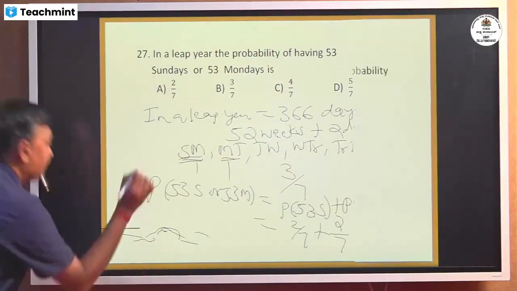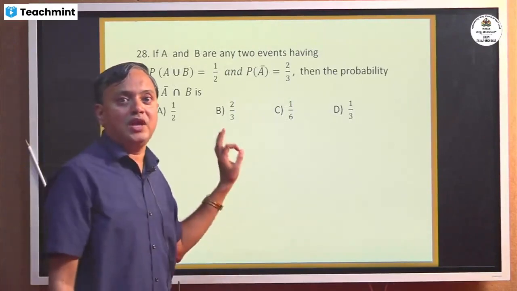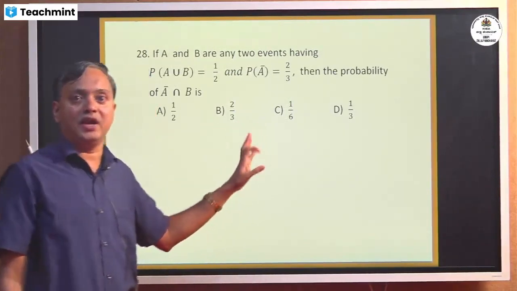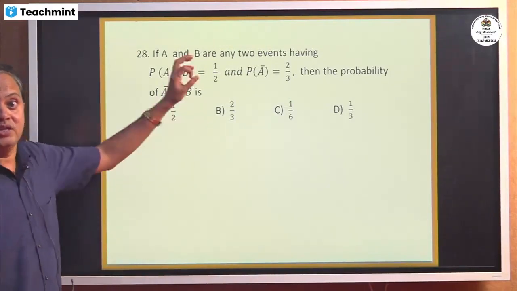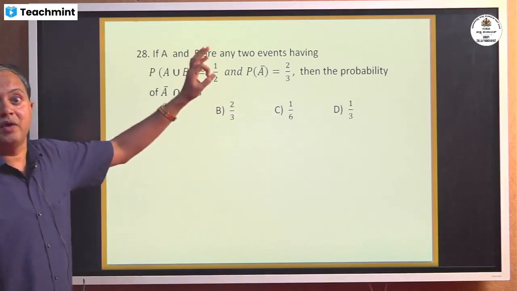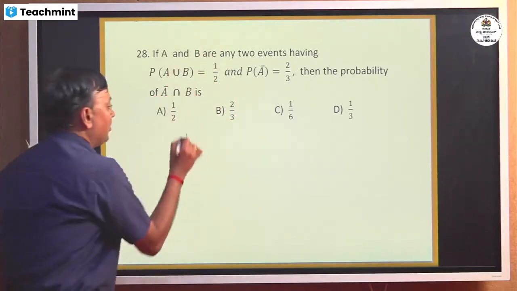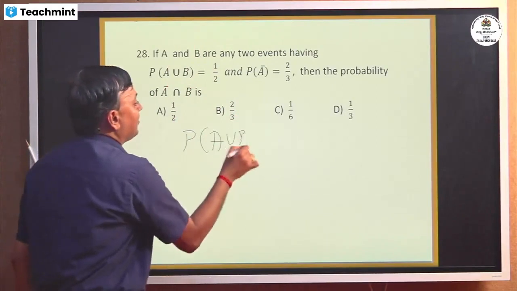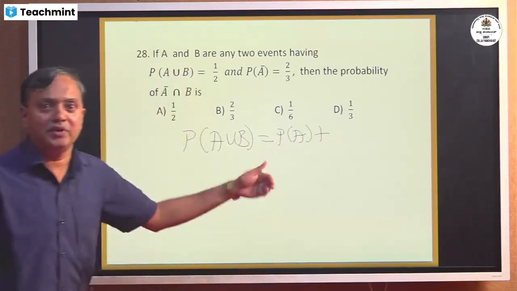Next question. If A and B are 2 events, probability of A union B, which means at least one of A and B, or A or B, is 1/2, and probability of not A is 2/3. Then find the probability of not A intersection B. So we know the formula for probability of A union B. Look, in first PUC this is the same formula, there is nothing other than this.